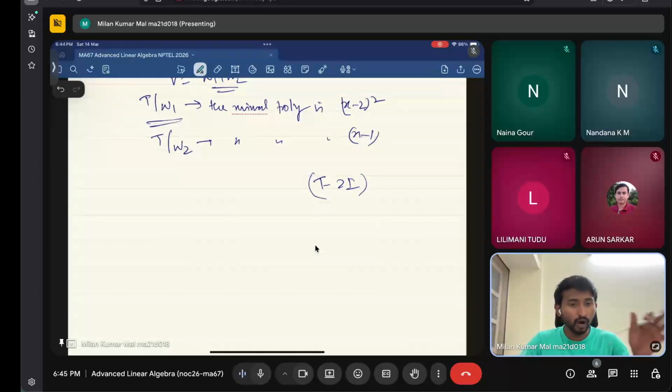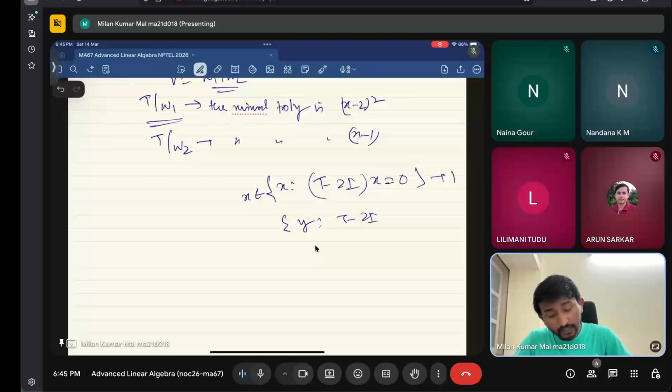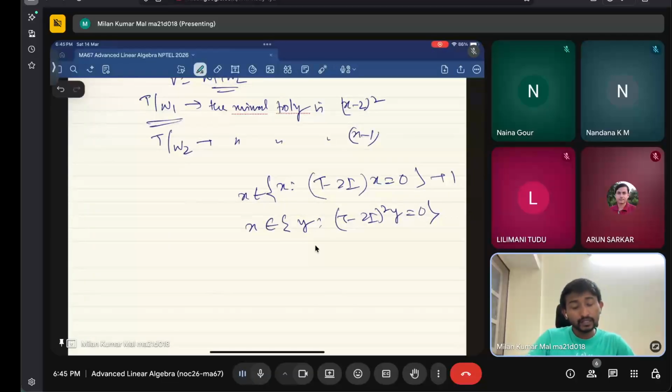But if an element x is in here, then it automatically will be in the other space. So the first space is contained in the second, but the second space may contain more elements than the first. Basically, the kernel of T minus 2I is contained in the kernel of (T minus 2I) squared.